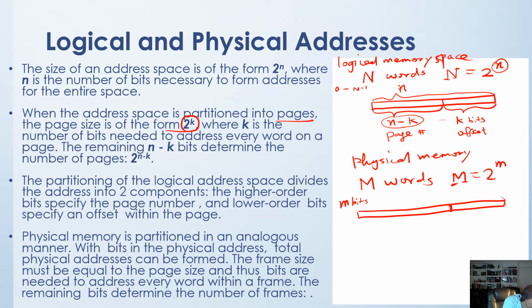So the offset is also going to be k bits, the same as the logical address. This leaves the frame number area the size of m minus k. That could be bigger than n minus k if the physical memory is bigger than the logical memory.